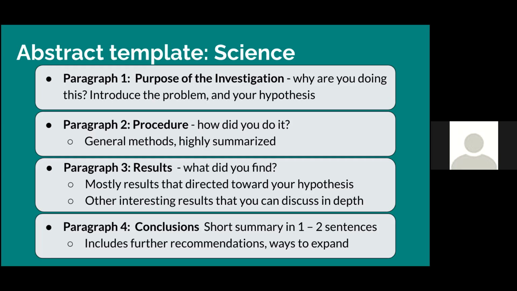In paragraph 3, you'll have the results, or what you found, and most of them will be directed towards your hypothesis. You can include other interesting results that you think are the most important here. And in the conclusion, or in paragraph 4, it's just a short summary with 1 or 2 sentences. It might include some further recommendations and ways to expand your experiment past what you've done.